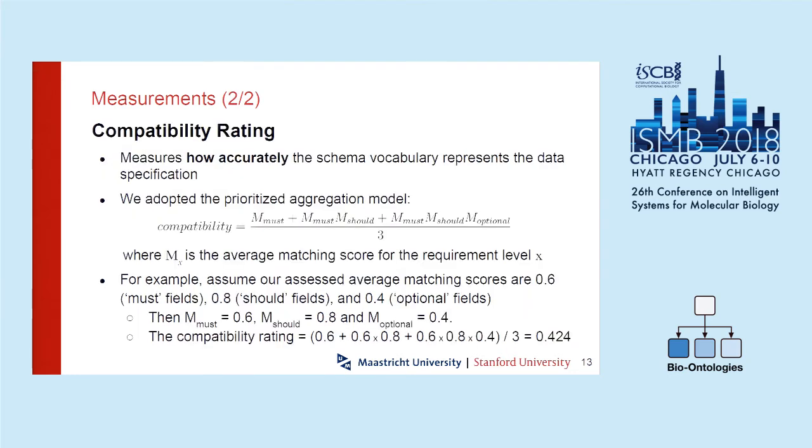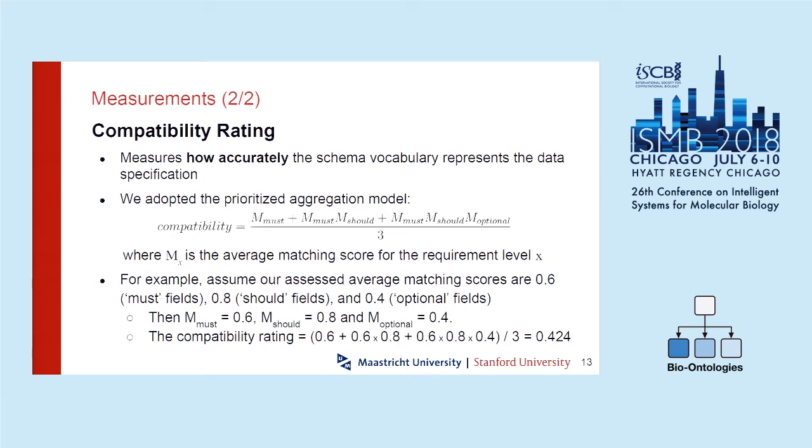For the compatibility rating, we adopt this prioritized aggregation model. This is the implementation form of the model, where M is the average matching score for each requirement level. Again, we have a toy example here.